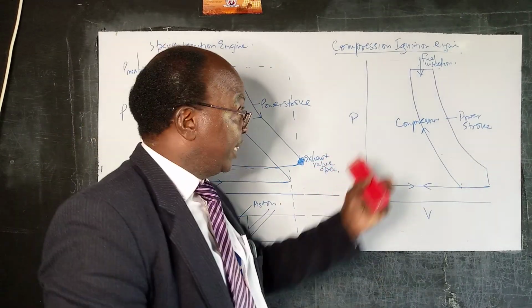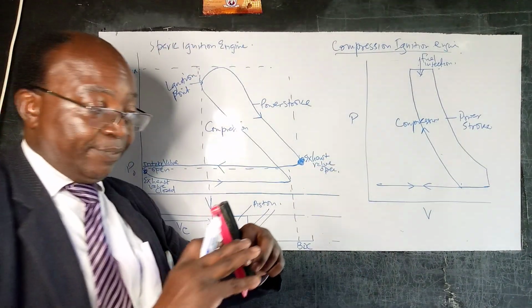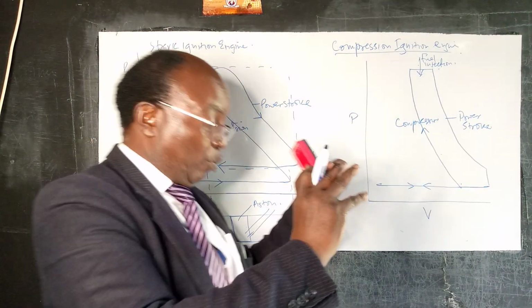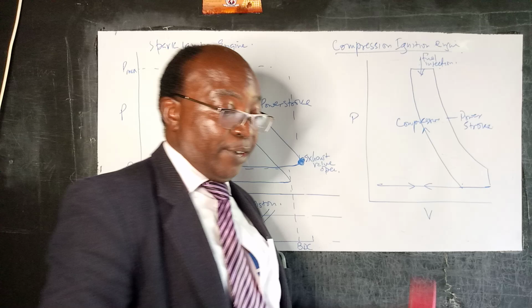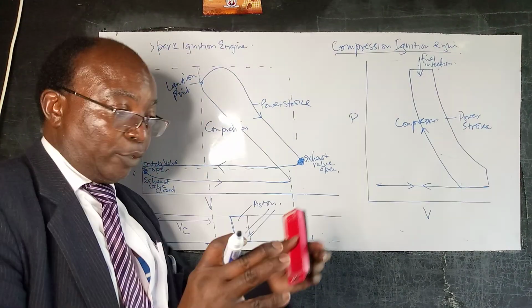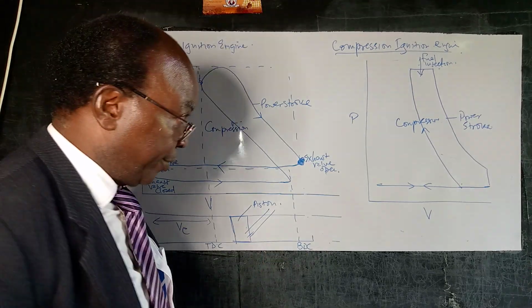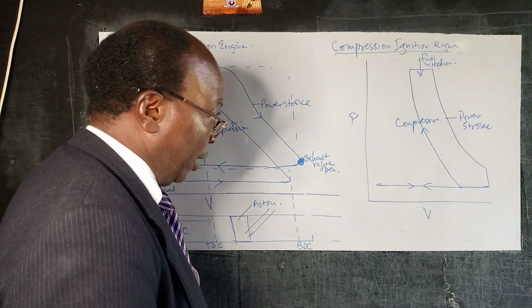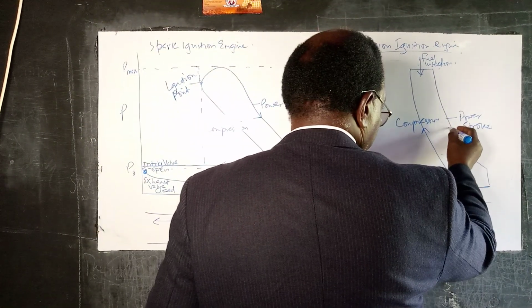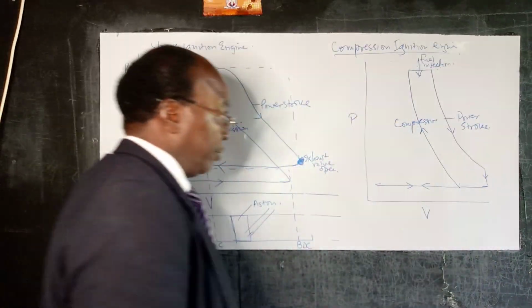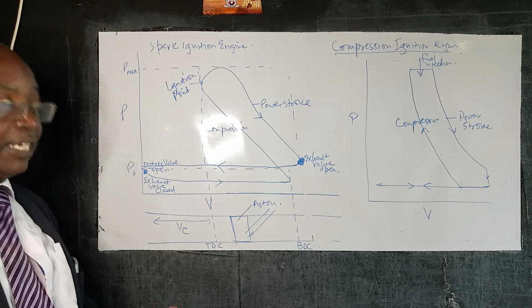Or if it's, for example, a diesel engine, then you have compressed air whose temperature is pretty high, and when you inject the fuel, of course, it will be ignited. And then, of course, the power stroke, and the whole process continues. So they are not very different.